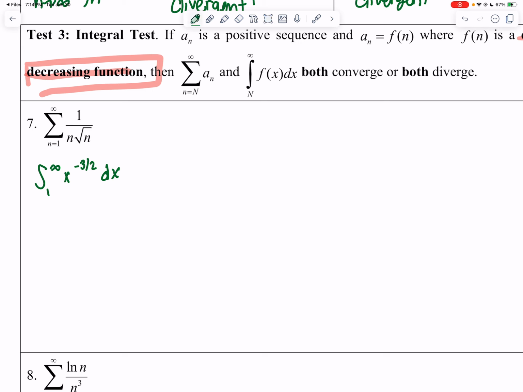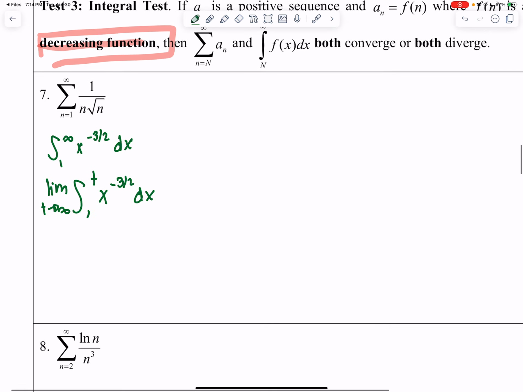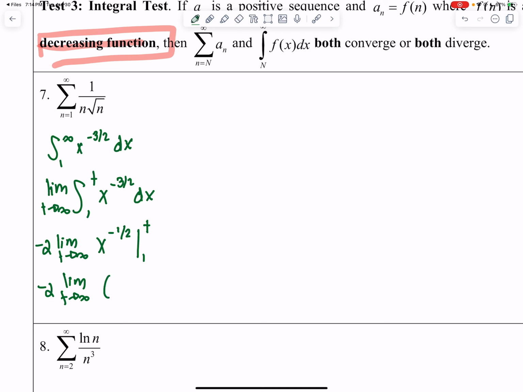This is an improper integral, so I am going to take the limit as t approaches infinity, 1 to t of this lovely thing right here. I'm going to up my power, and then I'm going to divide, so that's going to be negative 2. So now the negative 2, the limit as t approaches infinity of t to the negative 1/2 minus 1.